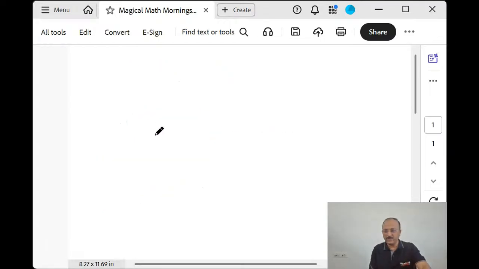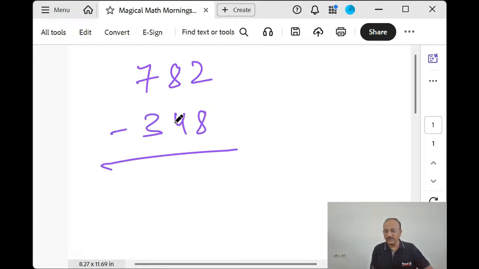Let's take one example. Suppose you want to subtract 782 minus 348. What we'll do, you consider 400 which is nearer to this. Subtraction of this from 400 is very easy. Next time I'll give a little bigger number. How much is this bigger than this? 52.